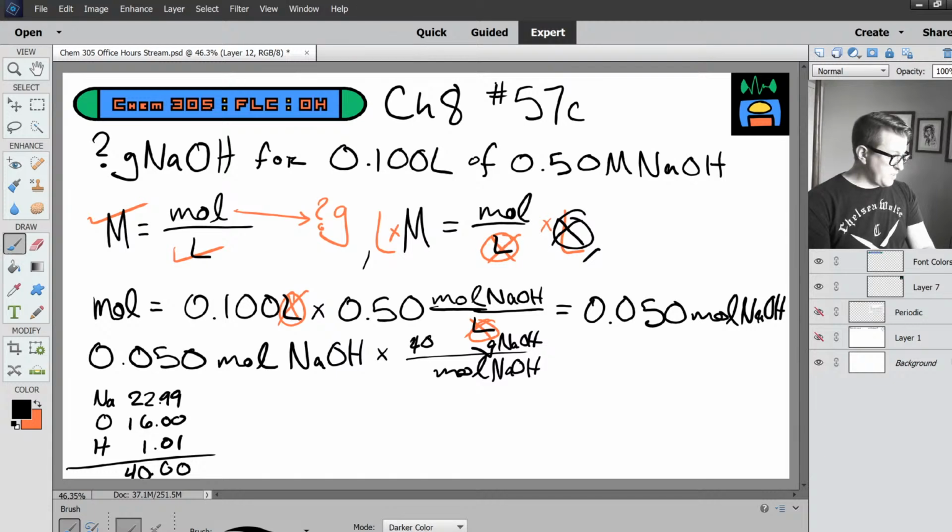So this is 40.00 grams in 1 mole. Moles of NaOH cancel. Now we crunch our numbers.